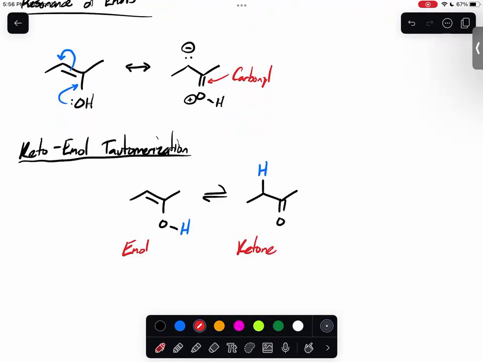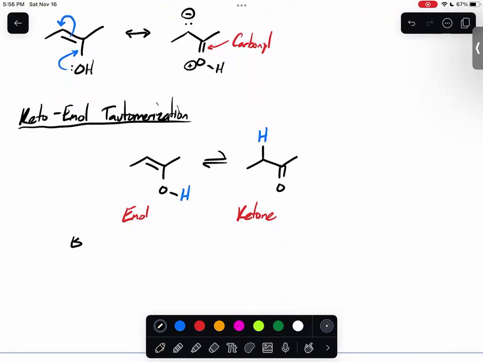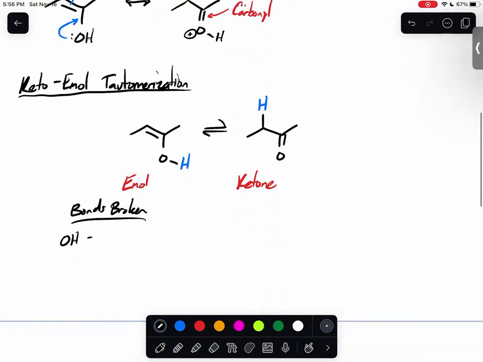Well, if we were to do this based on classical delta H, and we were to look at our bonds broken, using BDEs, we would say that we've broken an OH, right, which is 102 kcals per mole, and we've broken a carbon-carbon double bond, which we know is not super strong, but it's sitting at about 65 kcals per mole.